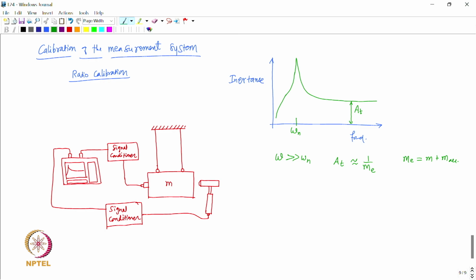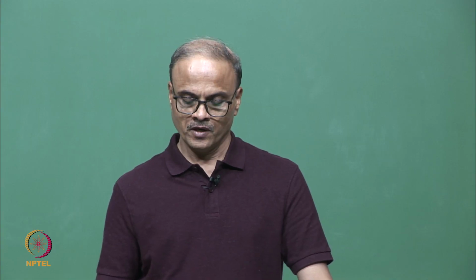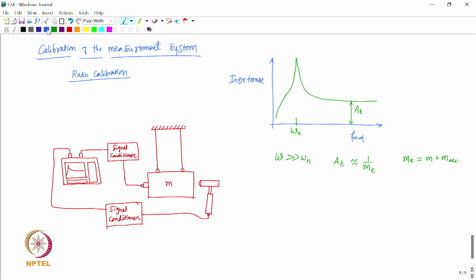Therefore, because we know the mass of the pendulum and the mass of the accelerometer, we have a good estimate of this AT, and then what we do now, we perform the FRF measurement, right, using the setup as shown, and we obtain a measured inertance. So, the inertance measured may look like this.